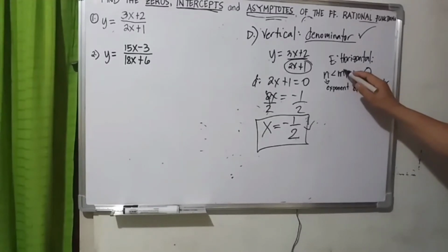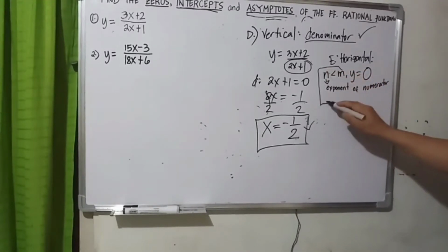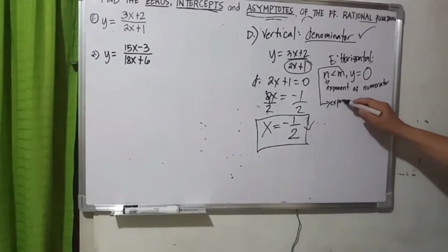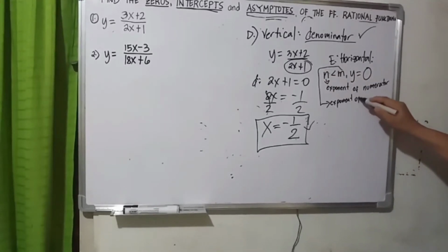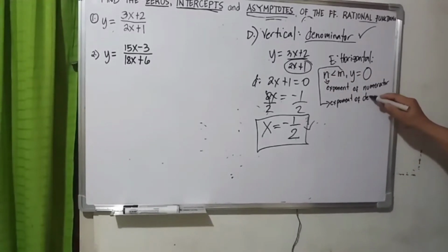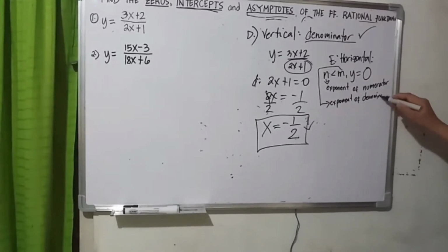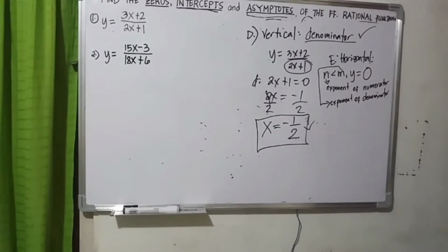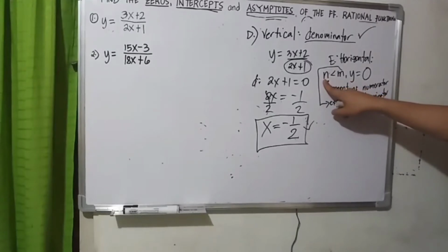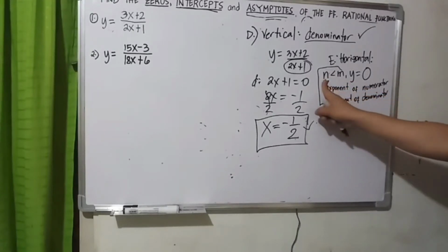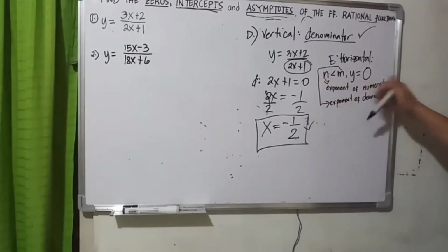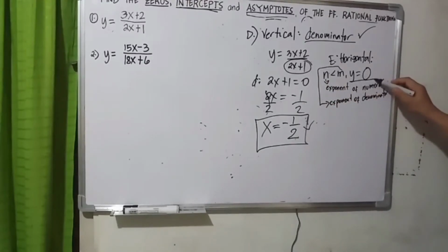And yung m, that is the exponent of the leading coefficient of the denominator. Okay. If the exponent of the leading coefficient of the numerator is less than m, so horizontal asymptote niyan is 0.